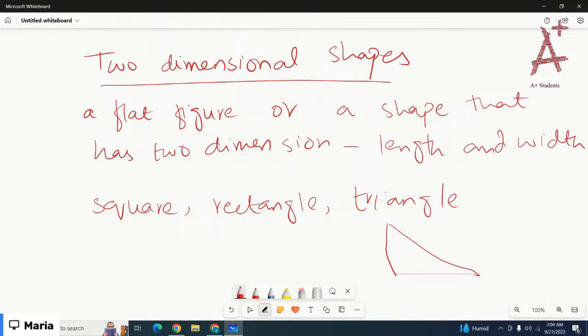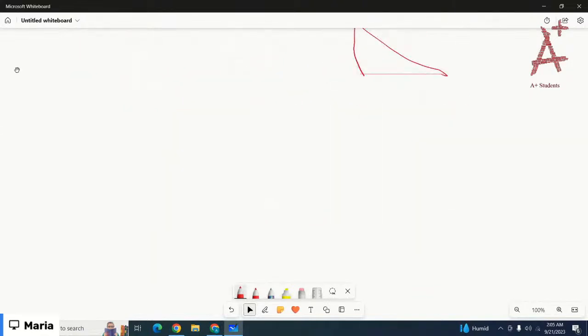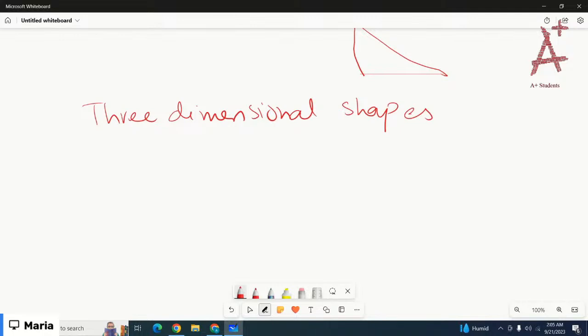Okay, let's see what the three-dimensional shapes are. Two-dimensional shapes are flat figures, but the three-dimensional shapes are solid figures, right? They are not flat, they are solid figures. Let me write down the definition, and you can note it down. A three-dimensional shape is a solid figure.